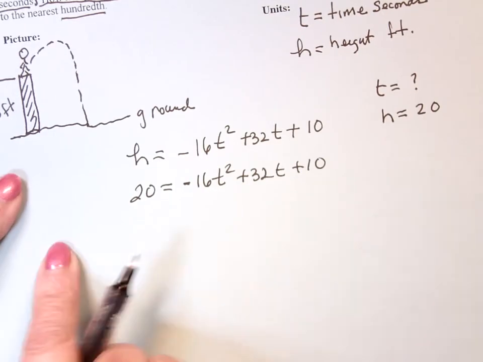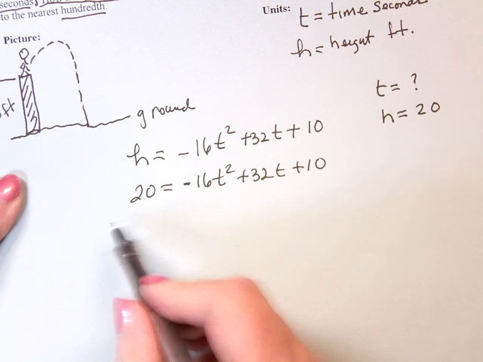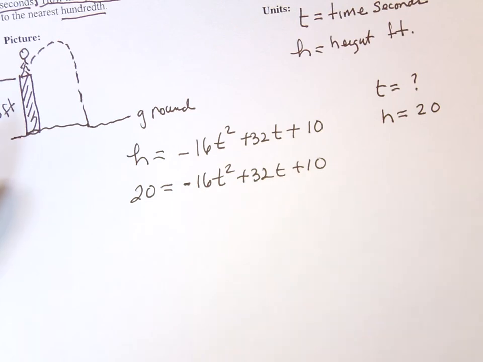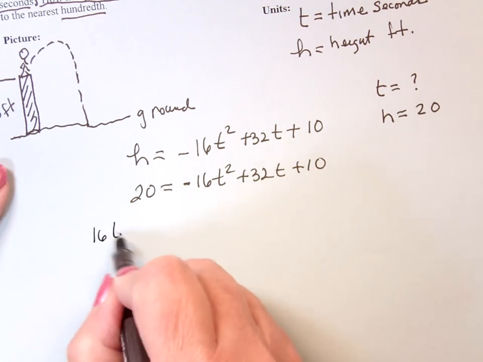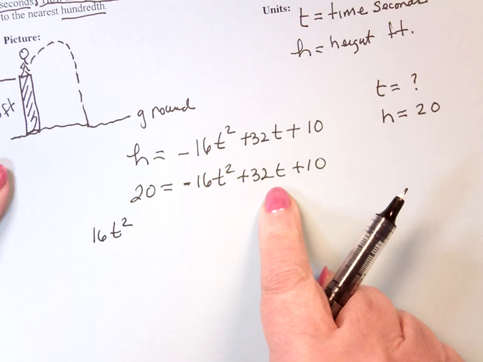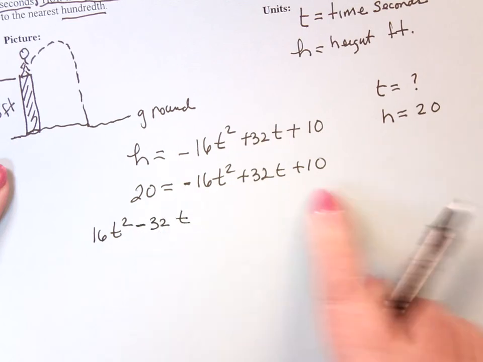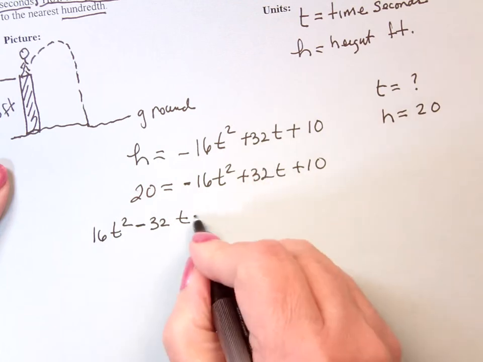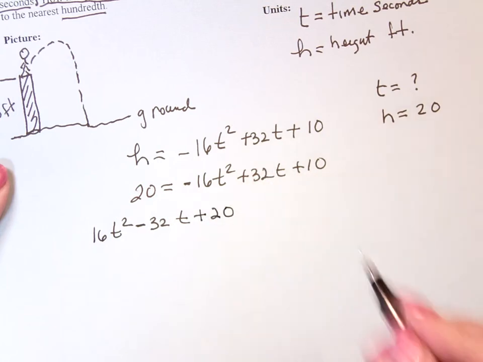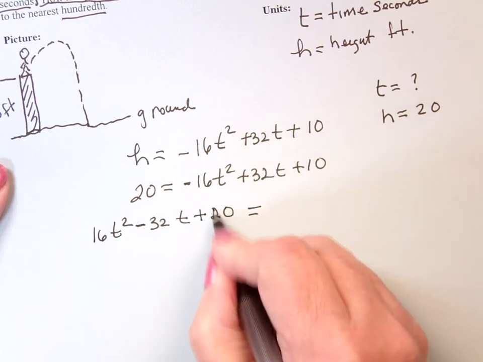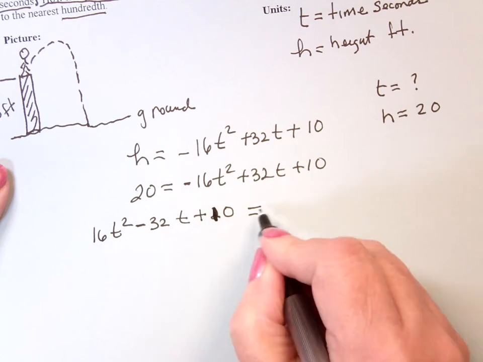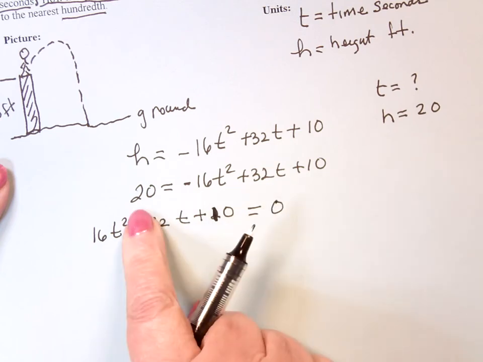I want to move everything over so I had a negative 16 becomes, well, this doesn't matter one way or the other, because we're going to have to use a quadratic formula on this. But this will become 16t squared, minus 32t, minus 10, equals 0.